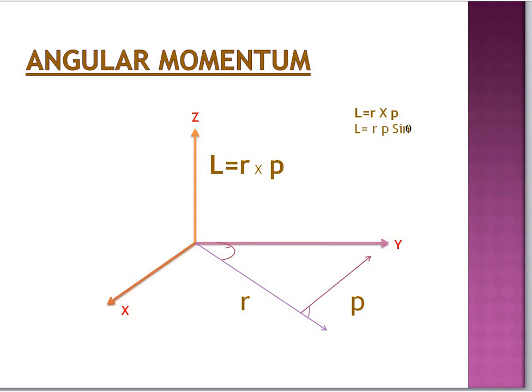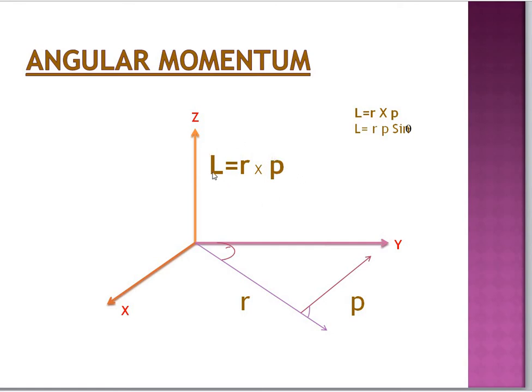Suppose r is the displacement from the origin, then r cross p. So L, its direction is along the z axis. Then this L will give you the expression for angular momentum. I represent this with a bold letter for a vector quantity.